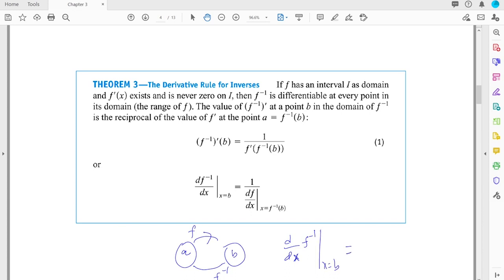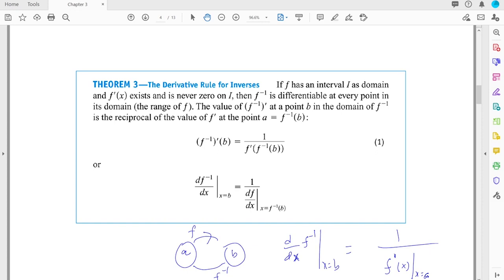This is equal to 1 over the derivative of the function f prime of x when x is a. Finding the derivative of the inverse function is actually the reciprocal of finding the derivative of the function itself at this point, which is the inverse point of b.